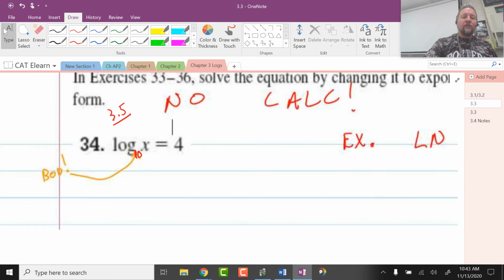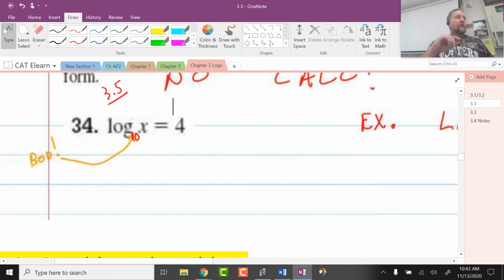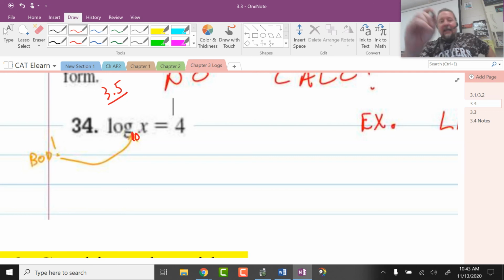Just change it to an exponent. So what's the base, Jessica? Which number represents the base in the exponential format? Is it 10, x, or 4? 10.